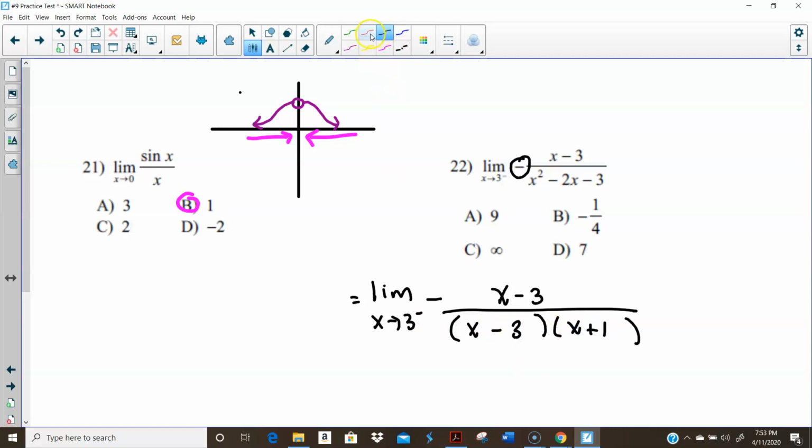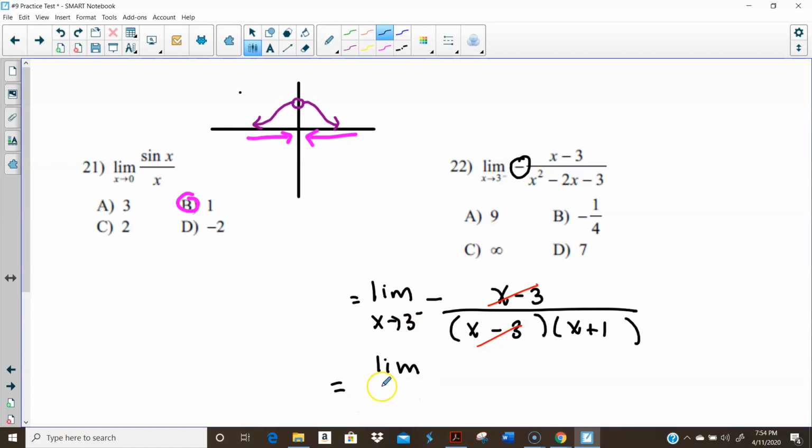So you can see that this is going to cancel, and now I can use direct substitution by substituting in 3 into here. Now, this minus sign just means we're coming in from the left. So we're not going to have to really worry about that. If you were looking at the graph of it, then you would look from the left side coming in to the number 3.